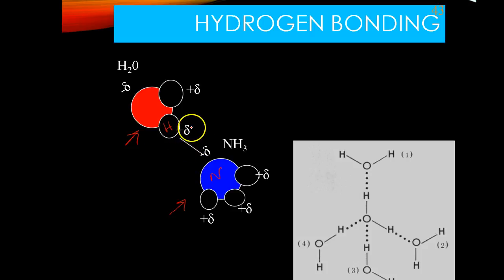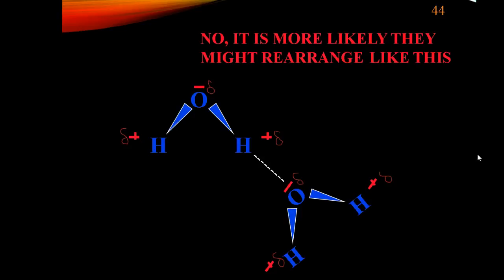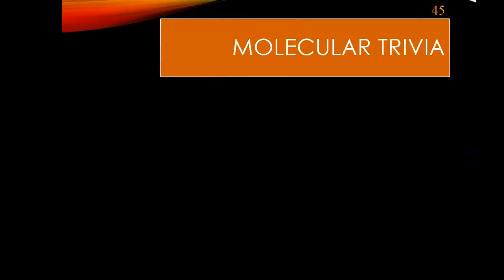The hydrogen is partially positive, the nitrogen is partially negative, and here's your bond taking place, your broken line, your dotted line. Here again are water molecules. If you had two water molecules side by side, they would rearrange and orient themselves with the oxygen being drawn towards the hydrogen.